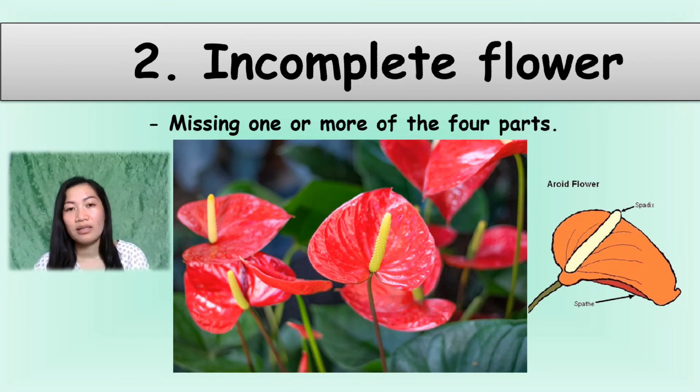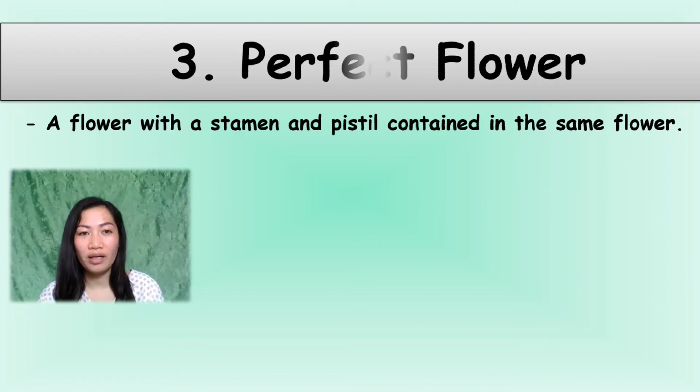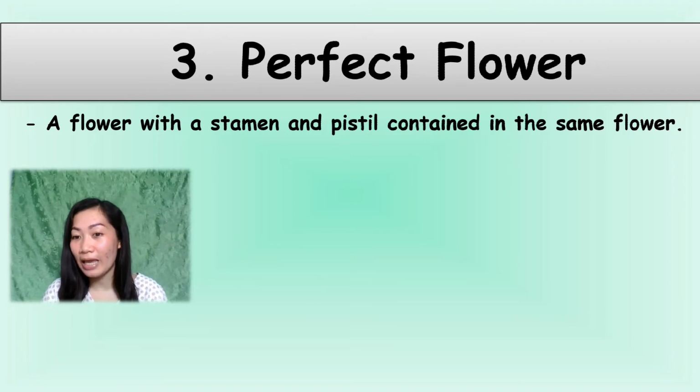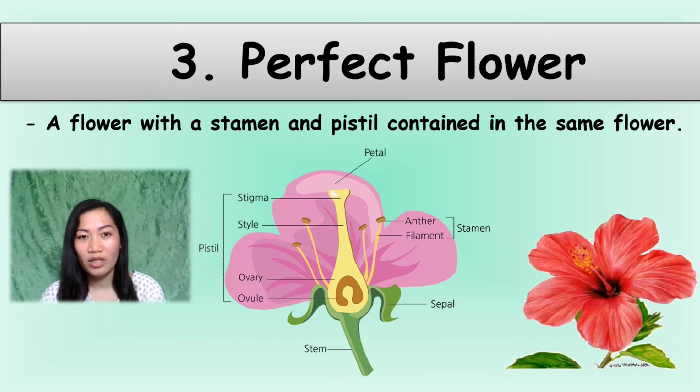Okay. So we have also the perfect flower. When we say perfect flower, it is a flower with a stamen and a pistil contained in the same flower. We have an example, the hibiscus.